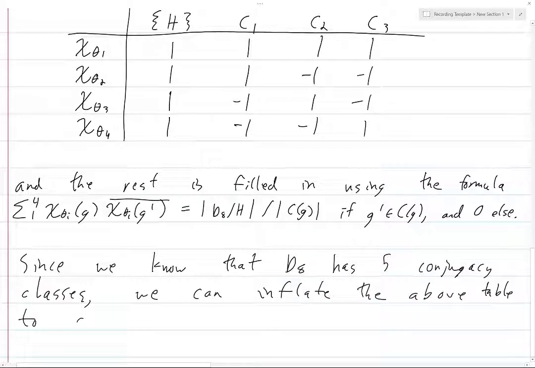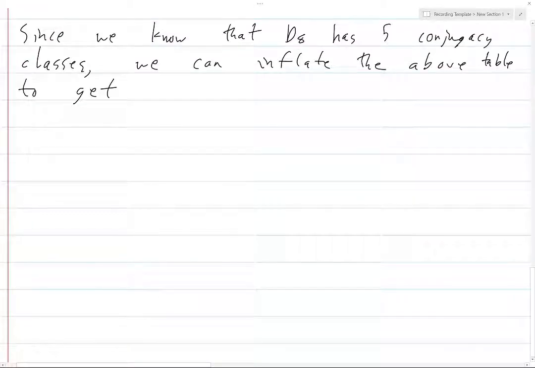Basically what inflation does is if you're modding out by a normal subgroup, then you can take the character table for this quotient group and just copy and paste it into the beginnings of your next character table. So anyways, let's see how that works.